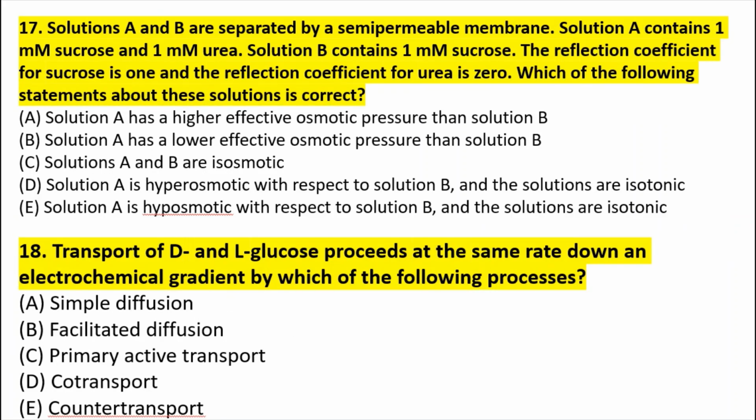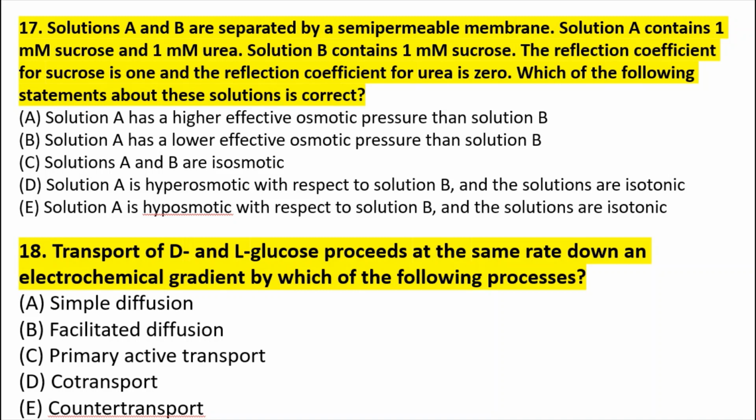Number 17. Solutions A and B are separated by a semipermeable membrane. Solution A contains 1 millimolar sucrose and 1 millimolar urea. Solution B contains 1 millimolar sucrose. The reflection coefficient for sucrose is 1 and the reflection coefficient for urea is 0. Which of the following statements about these solutions is correct?